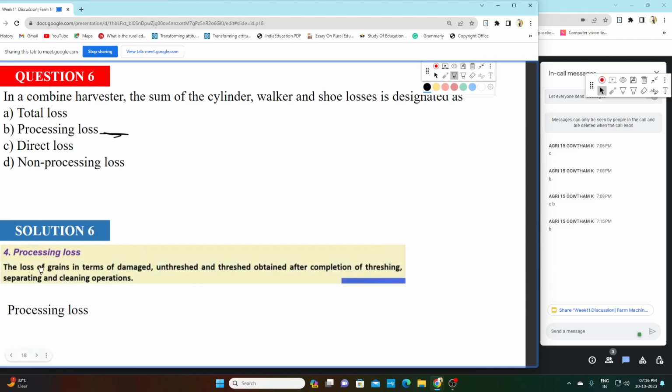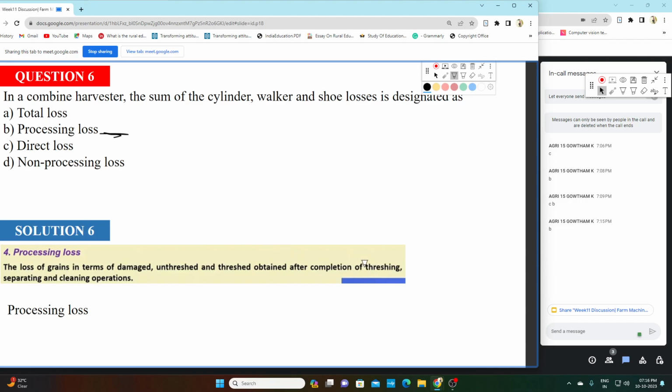Processing loss involves the loss of grains in terms of damaged, unthreshed, and threshed grain obtained after completion of the threshing, separating, and cleaning operations.